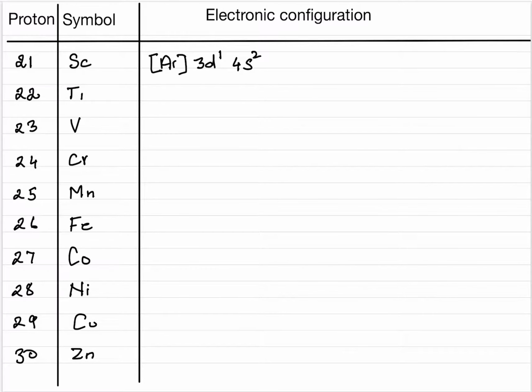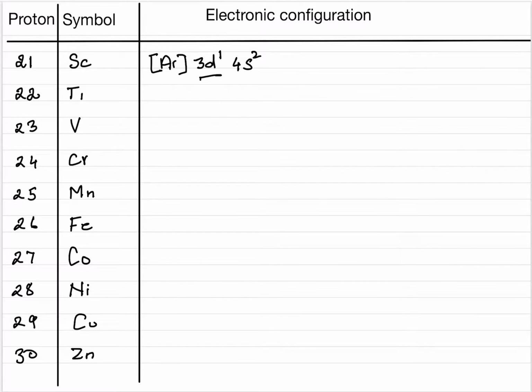Now, this is because the electrons occupy the orbitals with lowest energy. The 3d subshell is just above the 4s subshell, but below the 4p subshell. So we write the 3d before the 4s. Let's write down the electronic configuration of titanium.